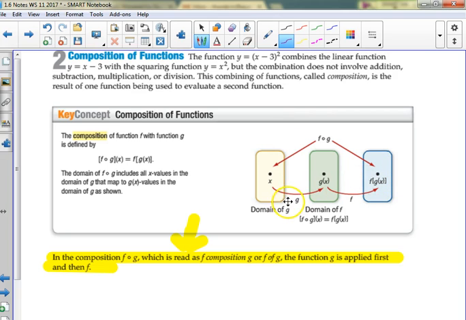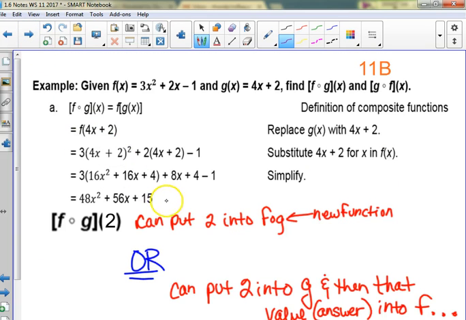In other words, it can't include things that weren't in the original function, basically. In the composition f of g, applied first, we already got that. All values in the domain of g that maps g of x values in the domain as shown. That's just really confusing. All right, so here's an example.